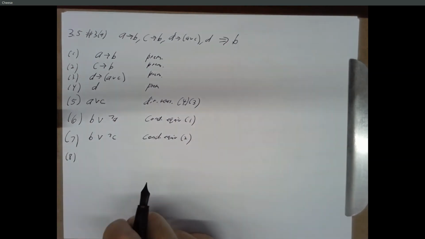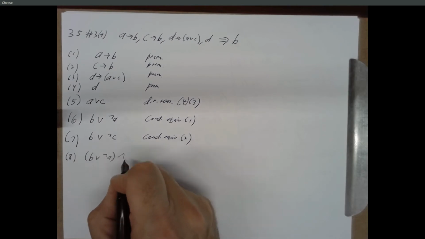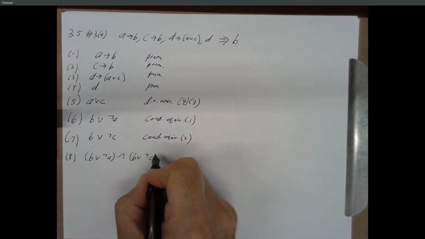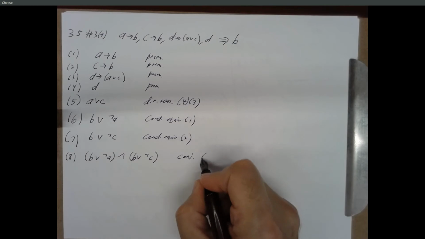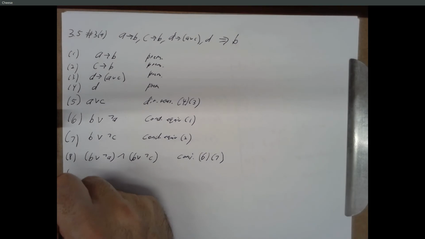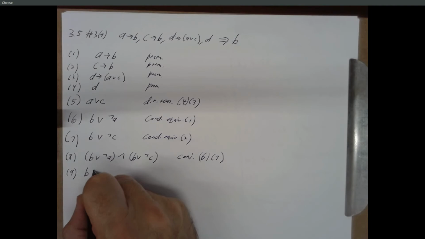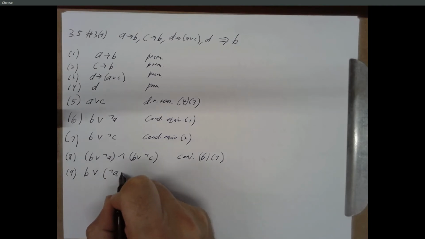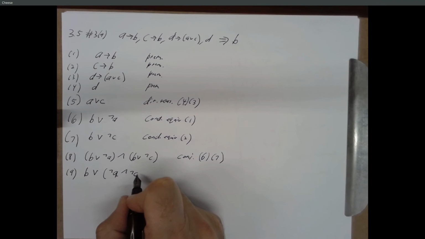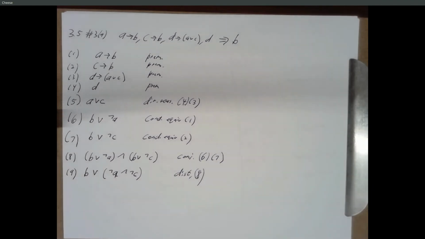And since this is true and this is true, their conjunction is also true. That's just conjunction of 6 and 7. And now we kind of do the opposite direction of distribution, and we say that this is equivalent to B ORed with not A and not C. And that's just distribution applied to 8.